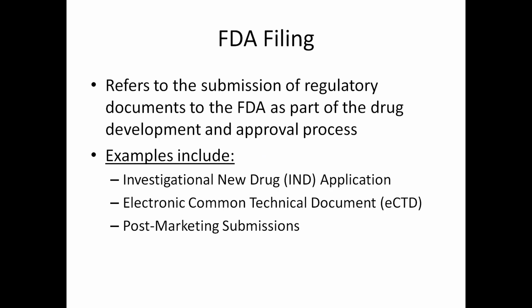Once a drug has successfully completed clinical testing, the next step would be to submit an FDA filing. This refers to the submission of regulatory documents to the FDA as part of the drug development and approval process. Examples include the Investigational New Drug application, the Electronic Common Technical Document, or ECTD, and post-marketing submissions.